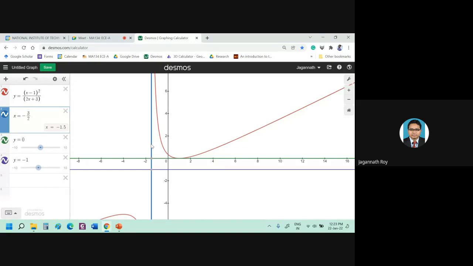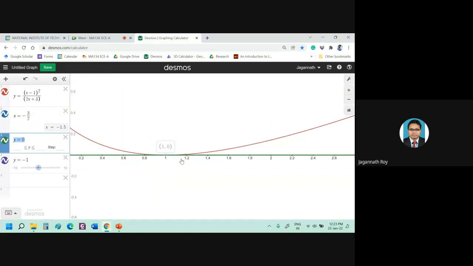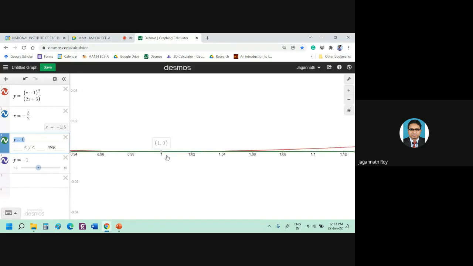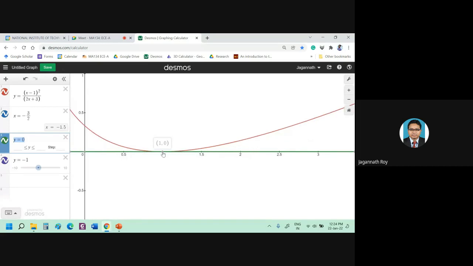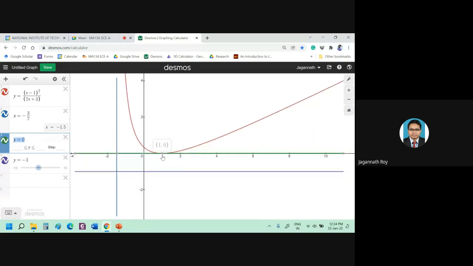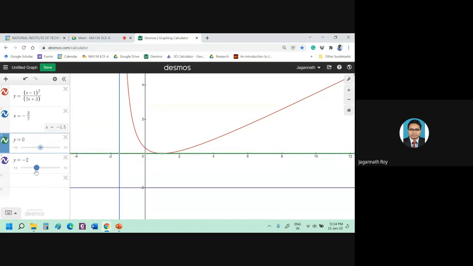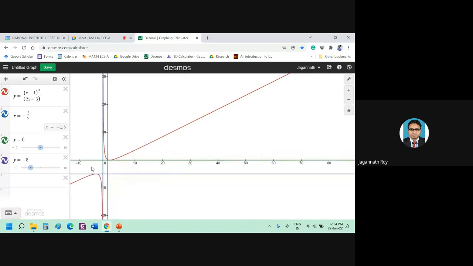So this is our vertical asymptote. But if you look at y equals to 0, if we put 1 comma 0, it is the point of intersection. But if it is a horizontal asymptote, then it will never intersect. They will not have any common point. Here it is 1 comma 0. And in fact, if you move any other horizontal lines, you can see that they are actually intersecting.